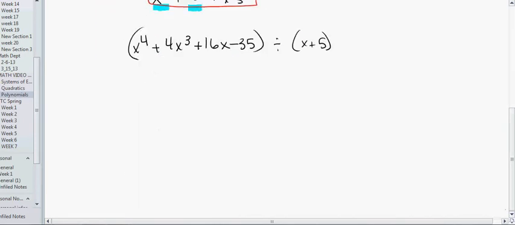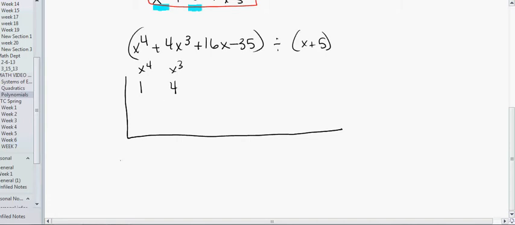Next problem is x to the 4th plus 4x cubed plus 16x minus 35 divided by x plus 5. So let's get those coefficients into the box. My x to the 4th term, coefficient is 1. My x cubed, coefficient is 4. There's no x squared term in my original problem, so I'm going to put a 0.